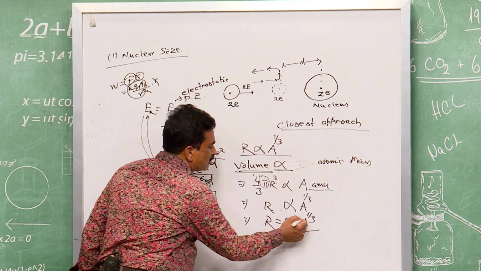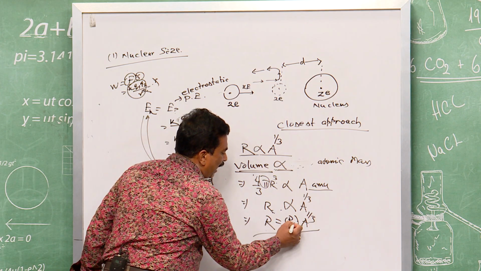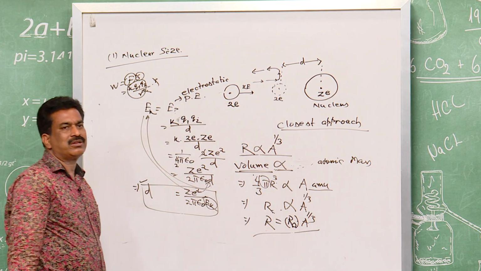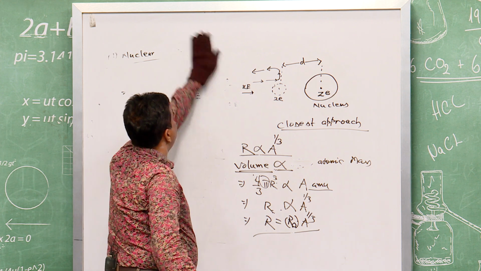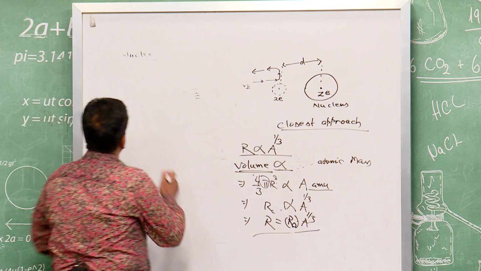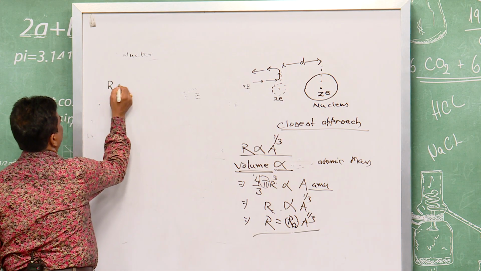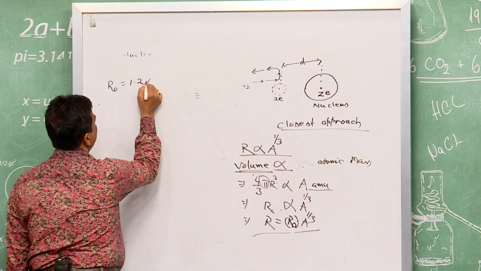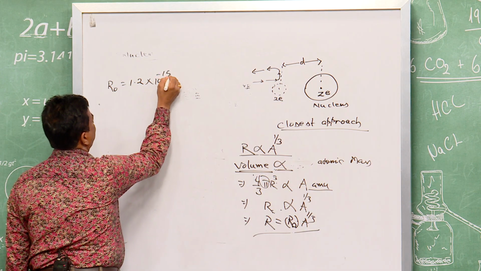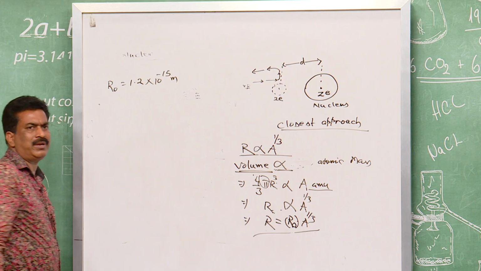So R is equal to some constant times that, and that constant is R0. The constant value of R0 is equal to 1.2 into 10 to the power of minus 15 meter.